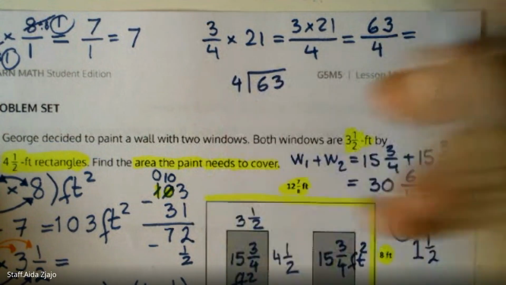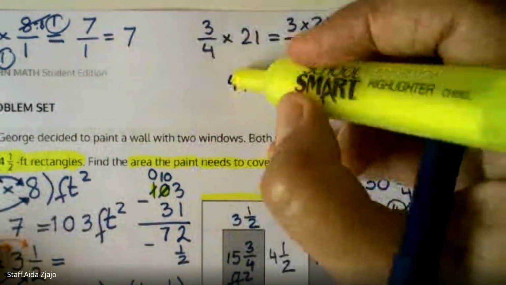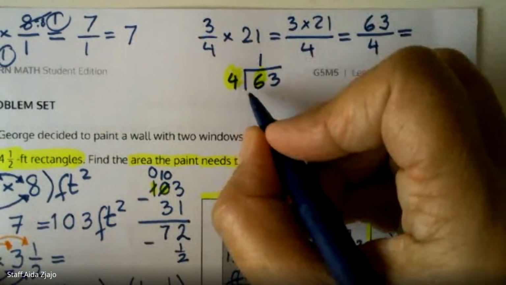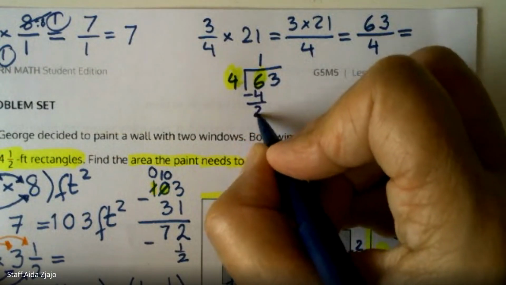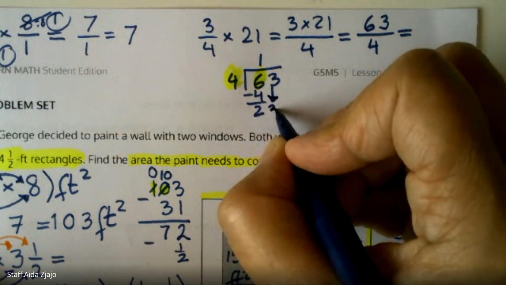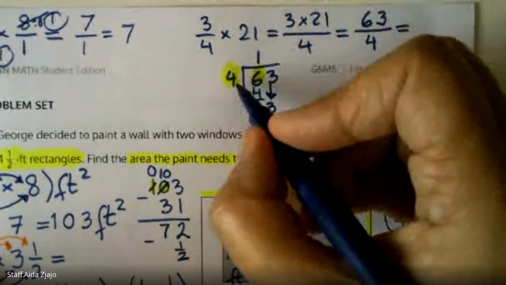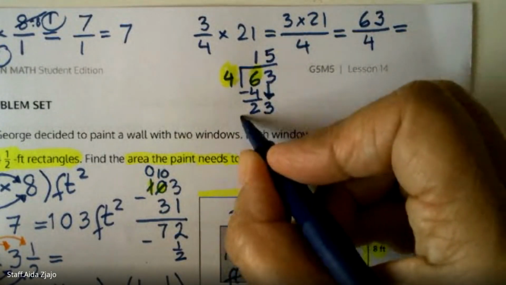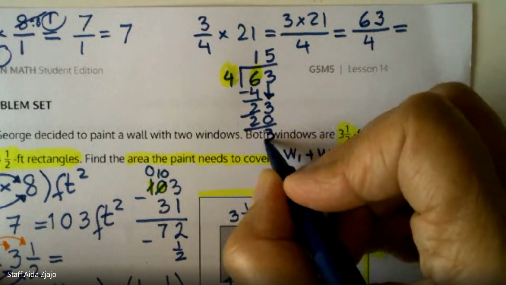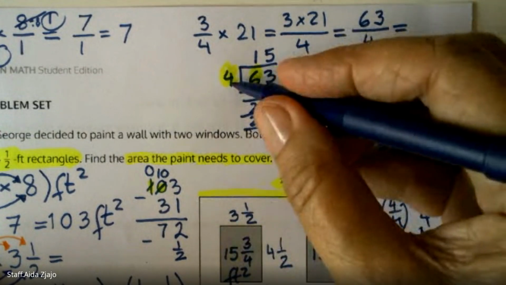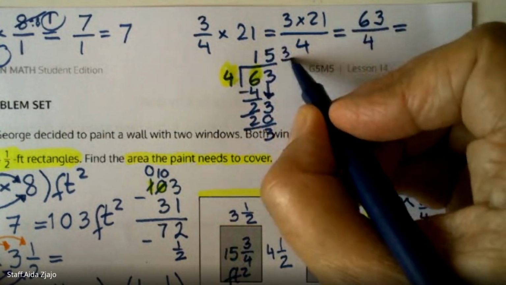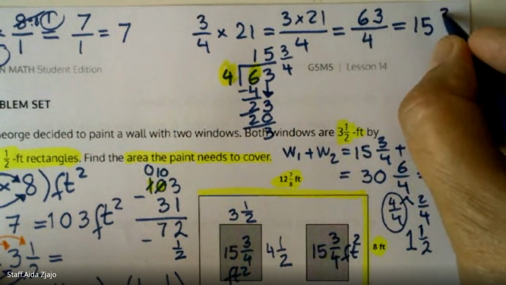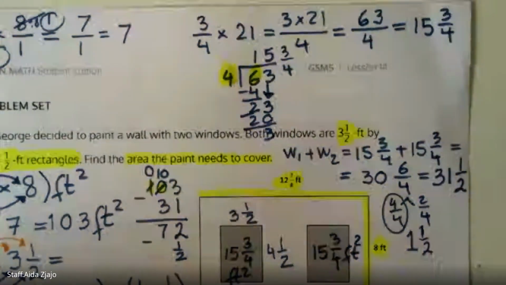Okay, so 63. If my group is 4, I have only 6. I can make one group. 1 times 4 is 4. If I bring down the ones, 4 times 5 is 20. So I have 3 left over, which is out of 4. So that is 3/4. So the answer is 15 and 3/4. Okay.